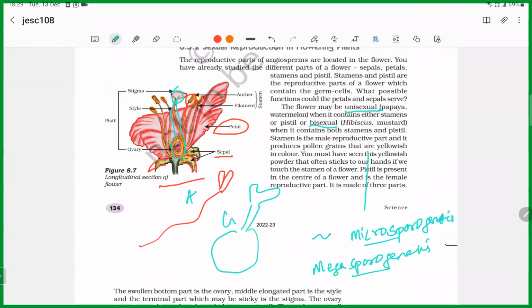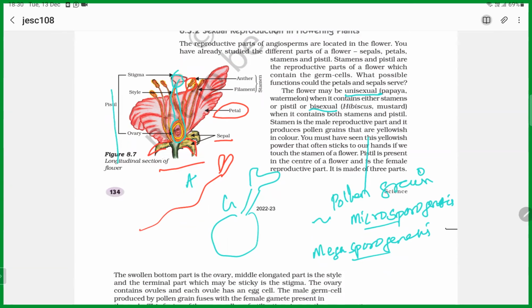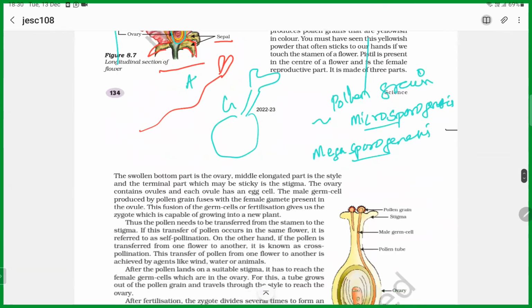The common term is pollen grain, the male gametophyte, and then the female ovule, the embryo sac. Male and female gametophyte formation is the main function of androecium and gynoecium here. Okay. Fine.